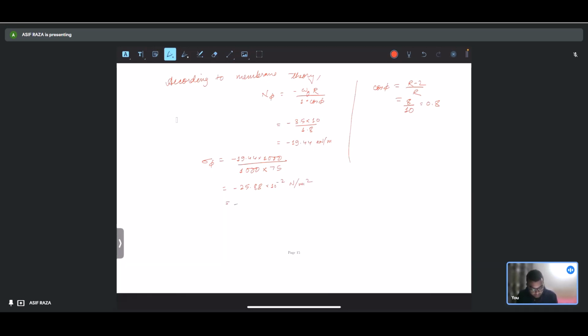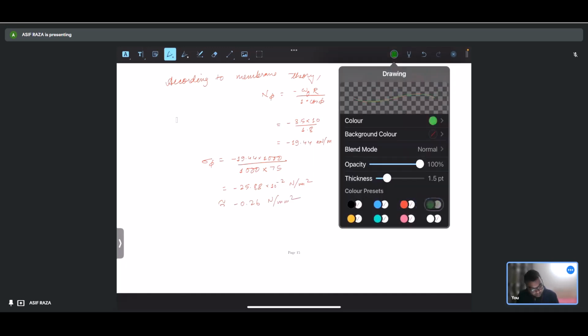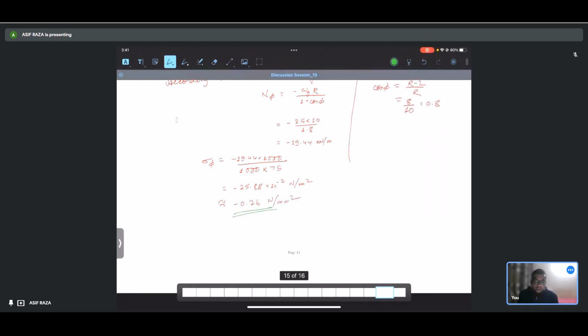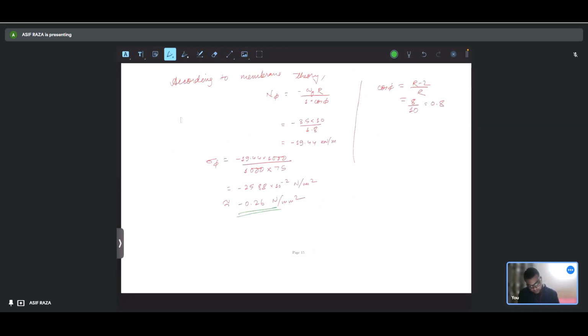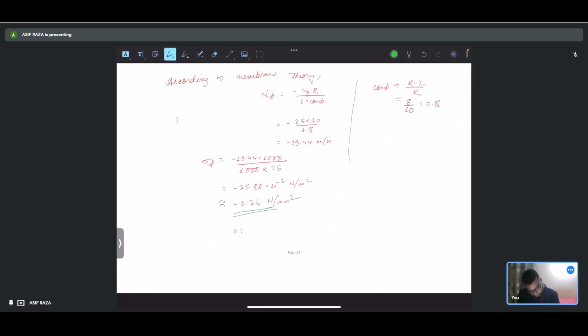This is equal to minus 0.26 Newton per mm square. So we were asked the magnitude, and the answer is 0.26.